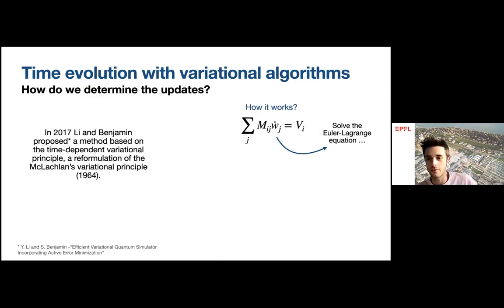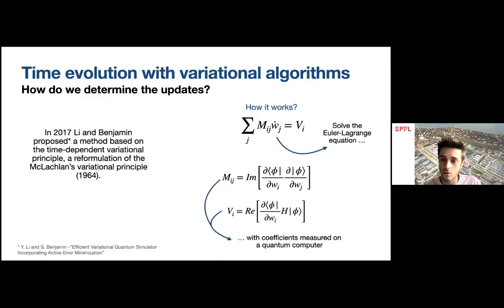If we solve this linear system, we have these derivatives, so we can update our parameters with them. We know the time step, we know the derivative, so we can do a first order Taylor expansion and modify our parameters. And where does the quantum computer enter?